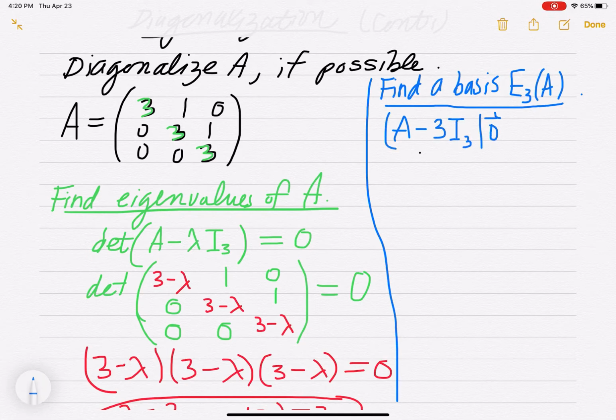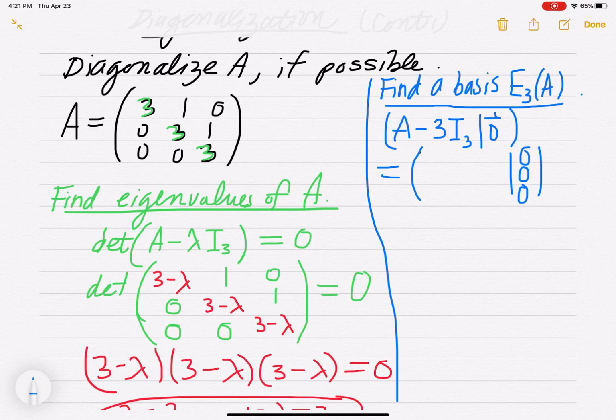This is essentially our homogeneous equation, A minus 3I3 times x equals the 0 vector, except we're putting it in an augmented form. So we're going to go to A, and we're going to subtract 3 off of the main diagonal. We're going to have the 0 vector on the right-hand side. So what's A minus 3I3?